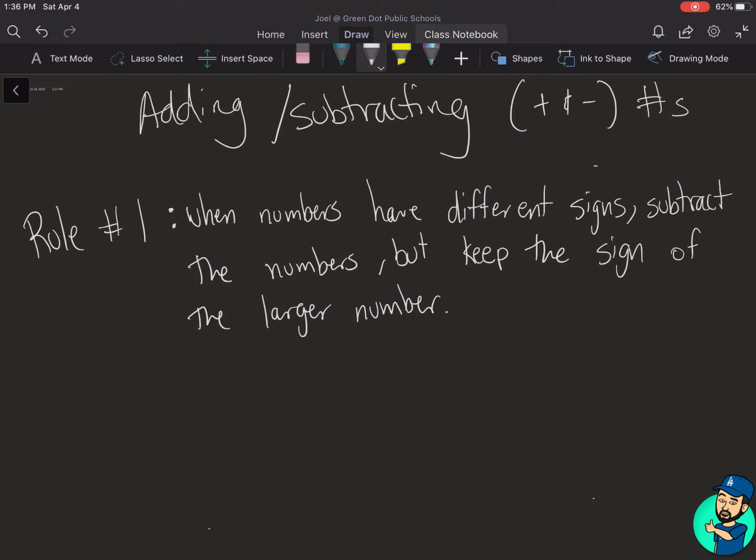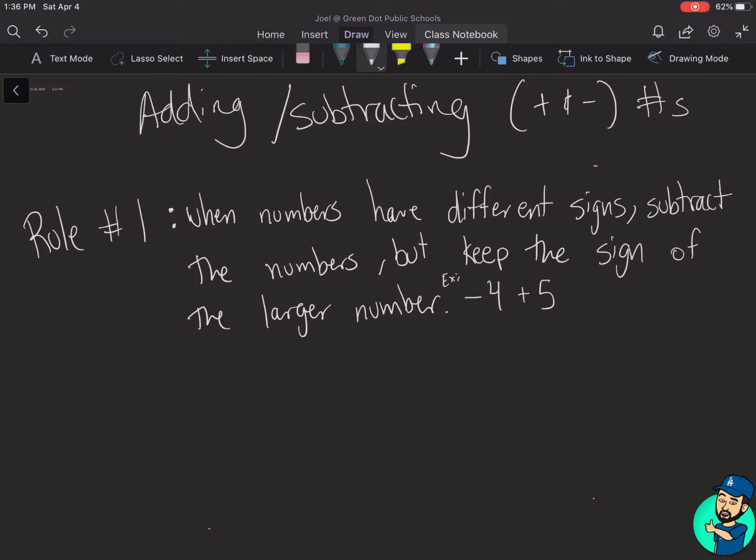I'm going to give you a quick example right here. -4 plus 5. Just an example. They have different signs. The 4 is negative. The 5 is positive. Look at the rule. When numbers have different signs, subtract the numbers.